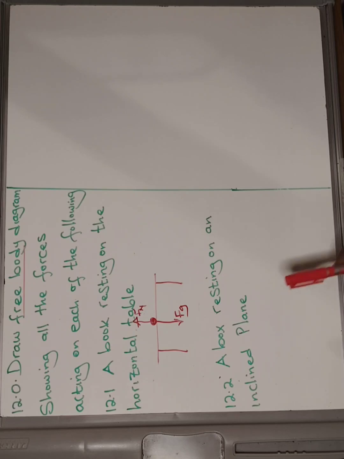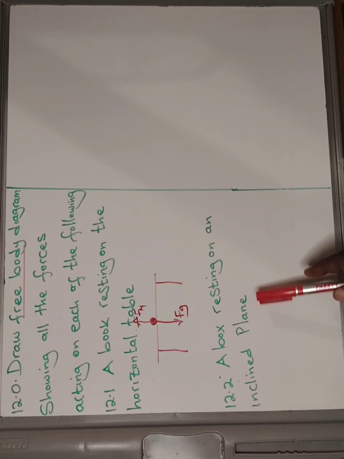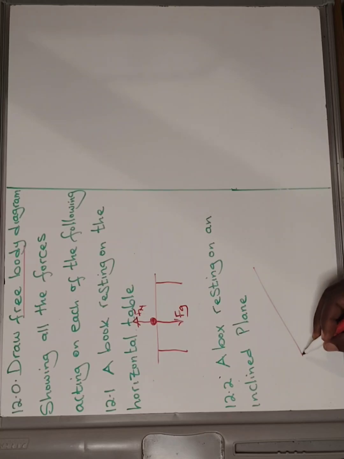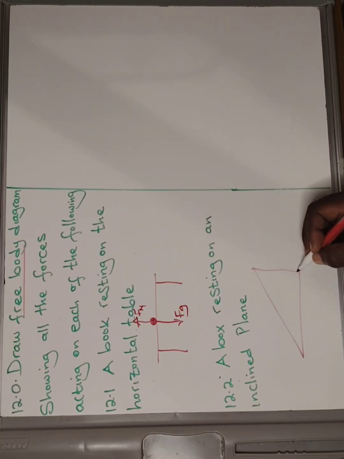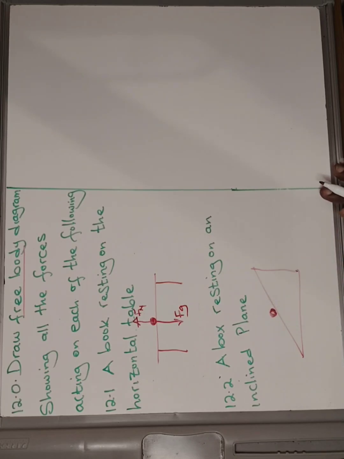Then comes the next question. It says, a box resting on inclined plane. So in this case, suppose we have this one as our inclined plane. And what do we have here? This is our body. We said it's resting.